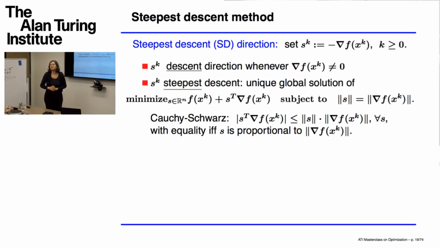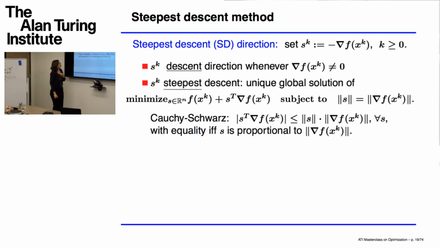So now let's talk a little bit about direction. How good is the steepest descent direction, for example? So what we mean by steepest descent is nothing but what I hinted at, namely the negative gradient direction. So we've seen that that is a descent direction. Why do we call it steepest descent?